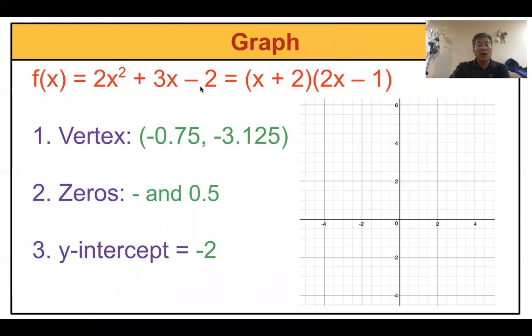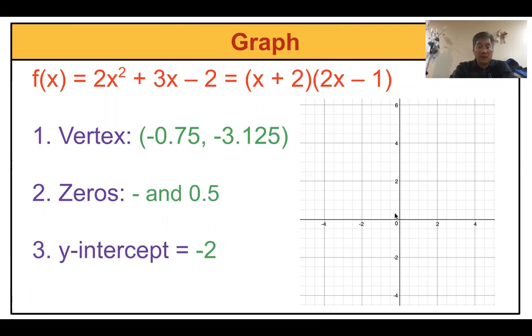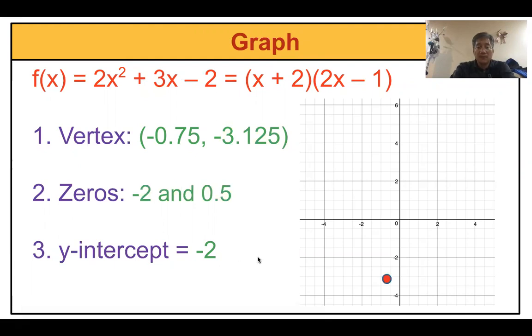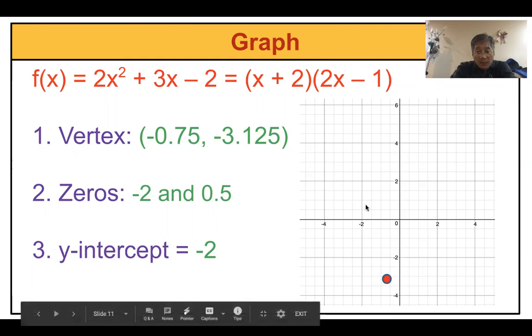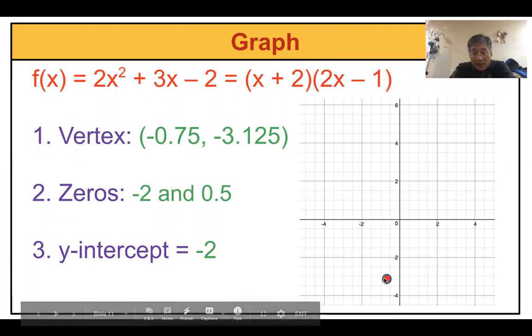So now, how do you draw the graph? We plot the vertex in the graph first, and then the zeros and the y-intercept, right? Let's do it. So the vertex is negative 0.75. Here is negative 1. Here's negative 0.5. Between is negative 0.75.